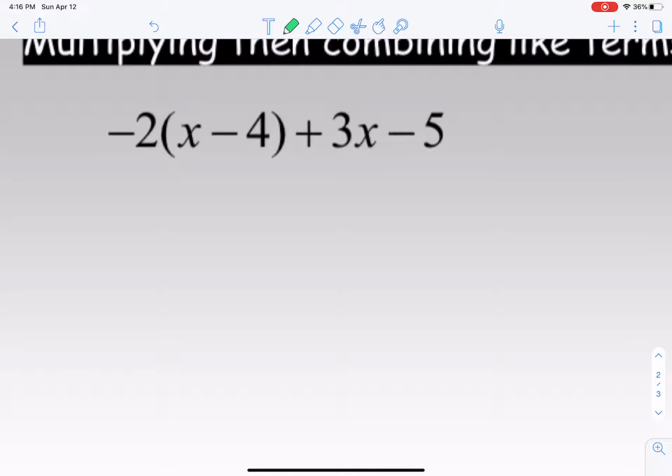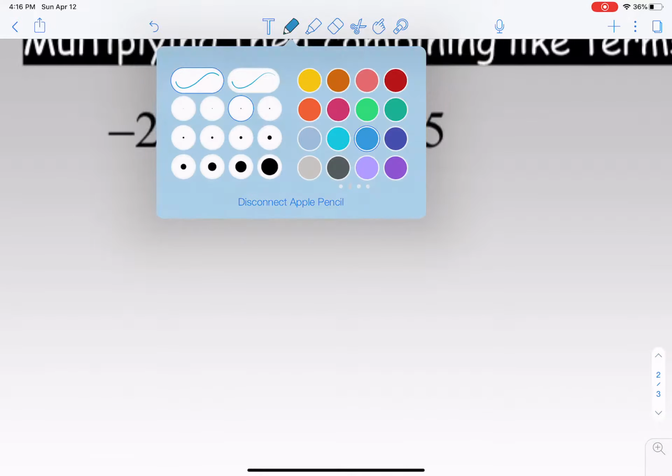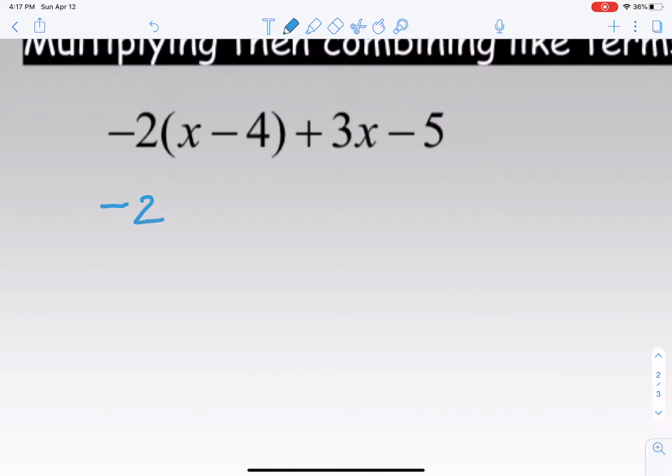Once again, I'm going to draw out my box, pick a different color here. x minus 4 at the top. Negative 2 times x, negative 2x. Negative 2 times negative 4, that's positive 8.